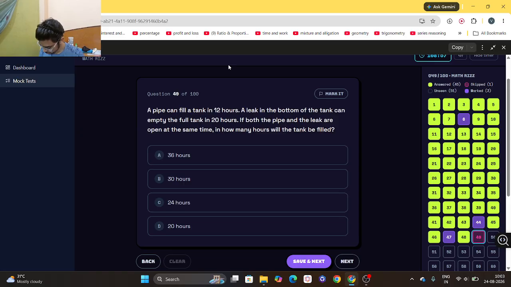A in 1 hour will do 5 liters. B in 1 hour will do 3 liters. And A minus B in 1 hour will do 2 liters. So the tank will be filled in 30 hours.